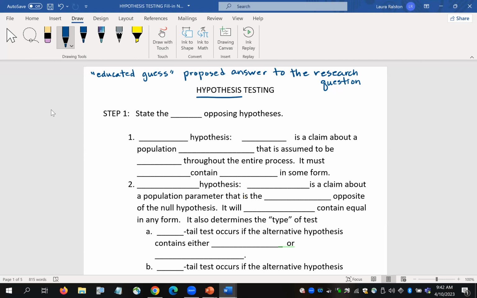And it's the same idea with hypothesis testing in statistics. We want to determine if our proposed answer to the research question was good. Did we make the right decision? Or is our proposed answer a good one or a bad one?